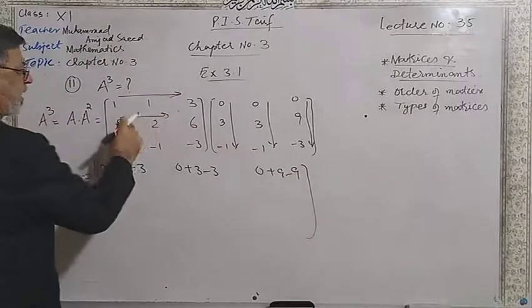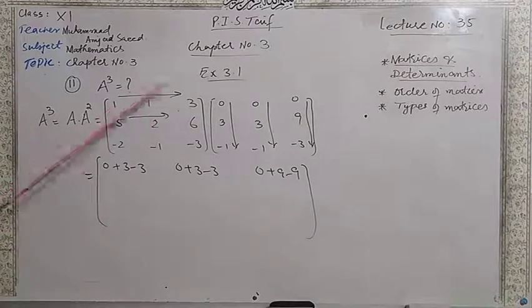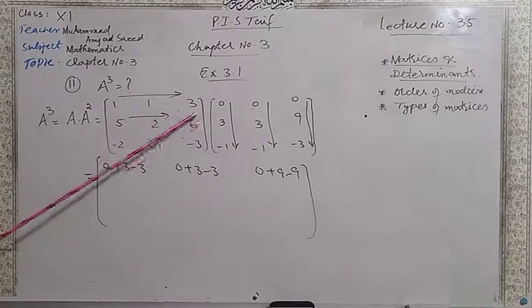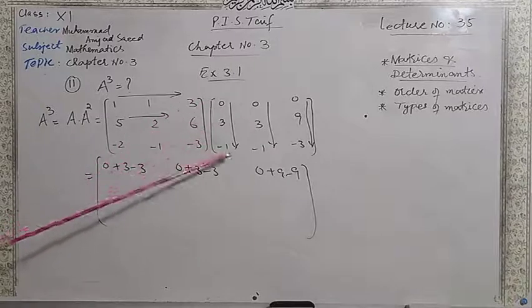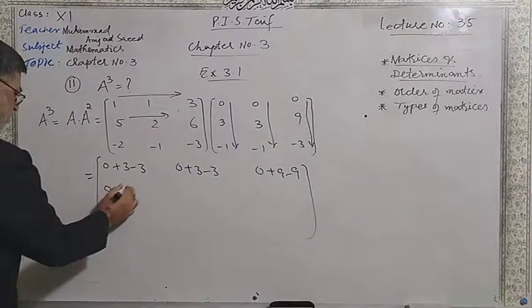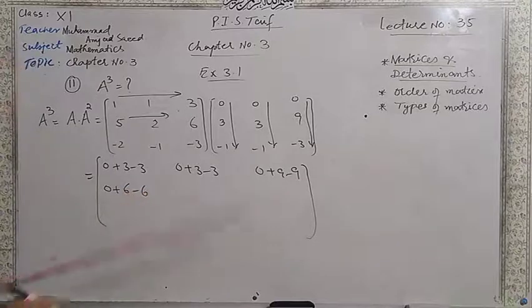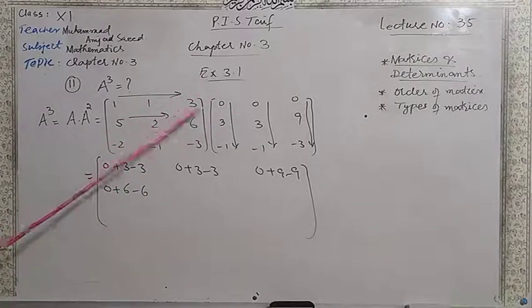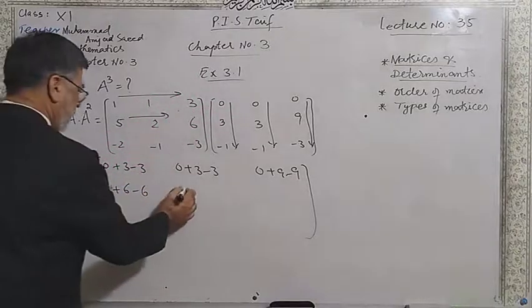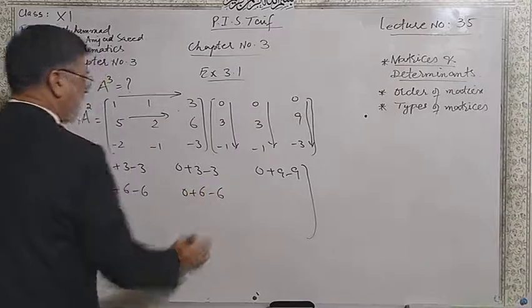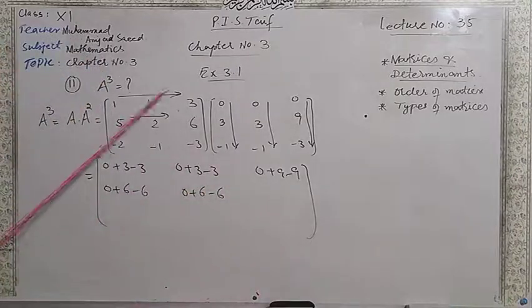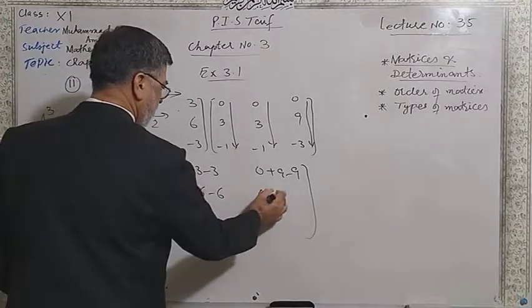The term of second row: first into first plus second into second plus third into third. 0 plus 6 minus 6, again 0 plus 6 minus 6, then 0 plus 18 minus 18.